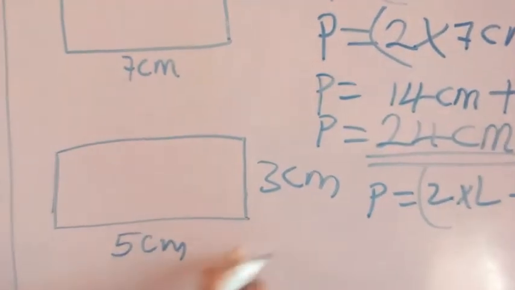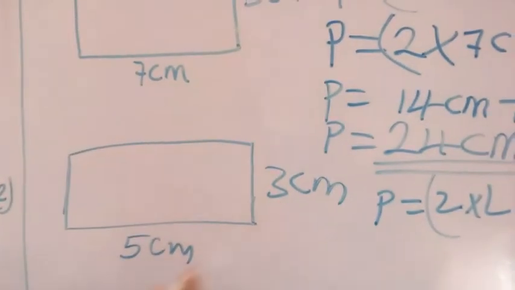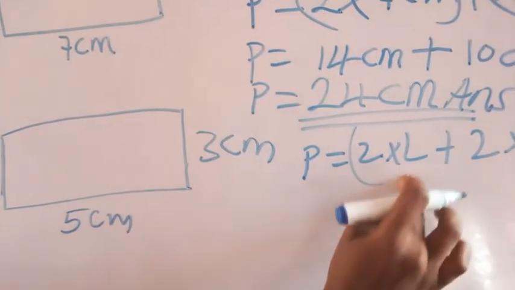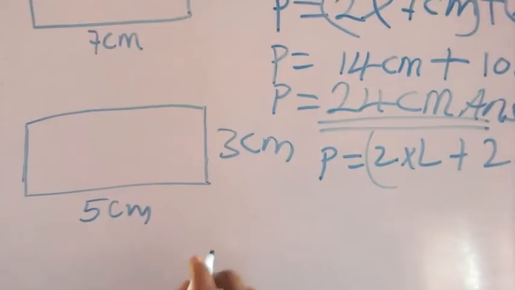Number 2 example says, this is a rectangle, and the length is 5 cm, while the width is 3 cm. We apply the formula which says 2 times length plus 2 times width or breadth.